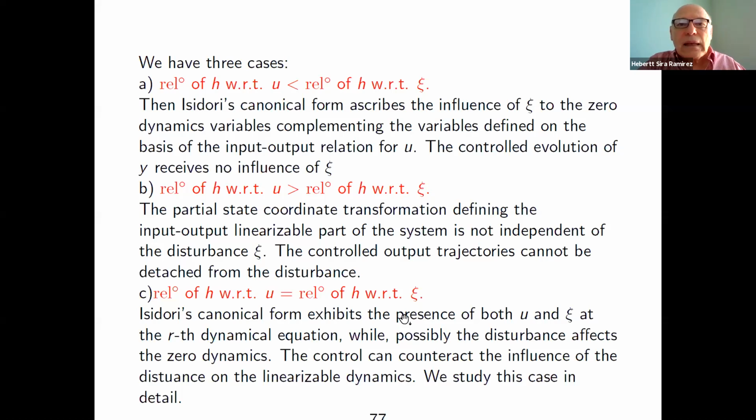In that case, the same number of advances of the input all of a sudden will contain the input U and the disturbance C. So the disturbance is very much acting in the same manner, at least structurally speaking, as the control input, in the sense that they appear in the same advance of the output and not at different advances of the output as in these two previous cases.